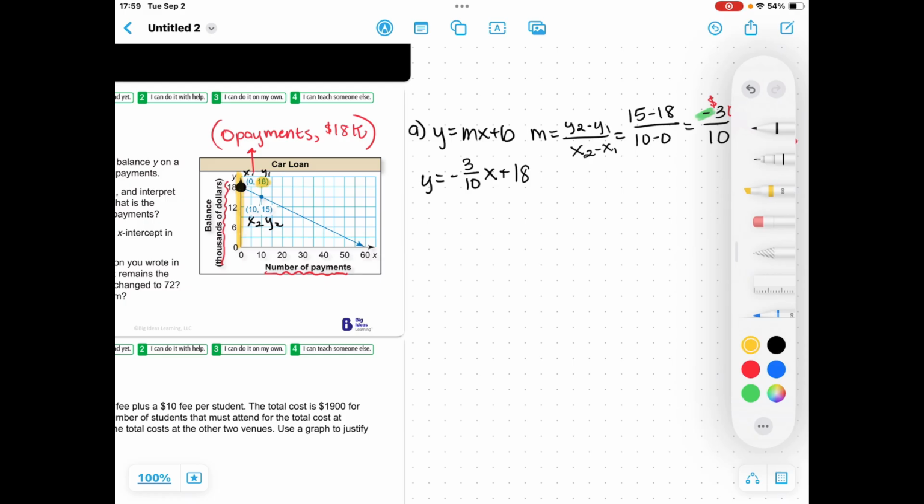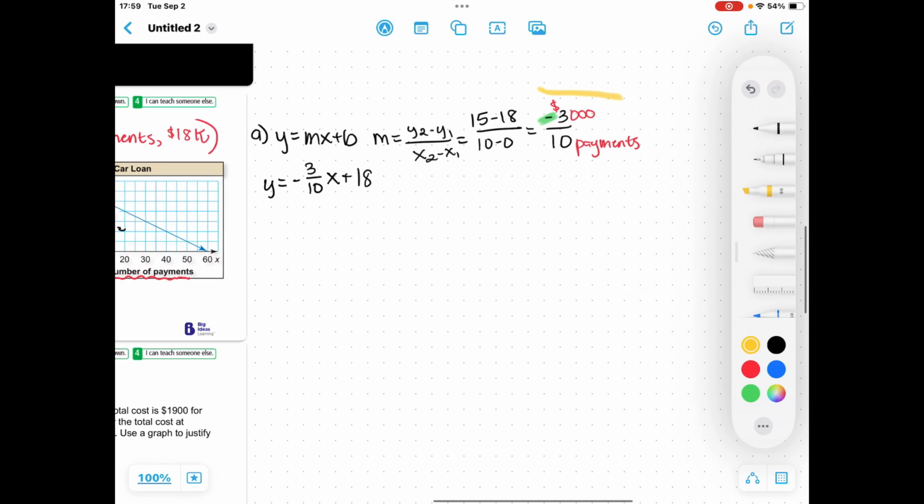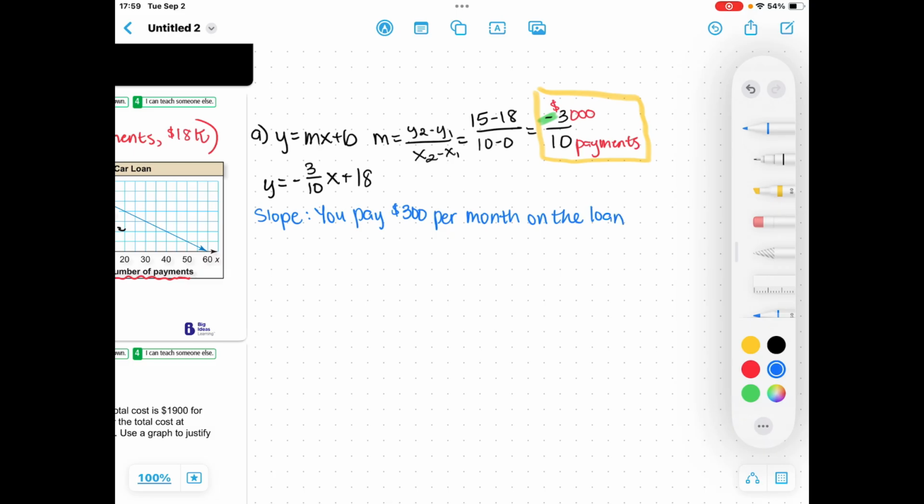Interpreting this, I'm okay if you do something like this for the interpretation of slope. This really does mean that you're going down $3,000 every time you make 10 payments. If you want to make an additional note saying that for your interpretation of slope, you pay $300 per month on the loan, then that's fine.